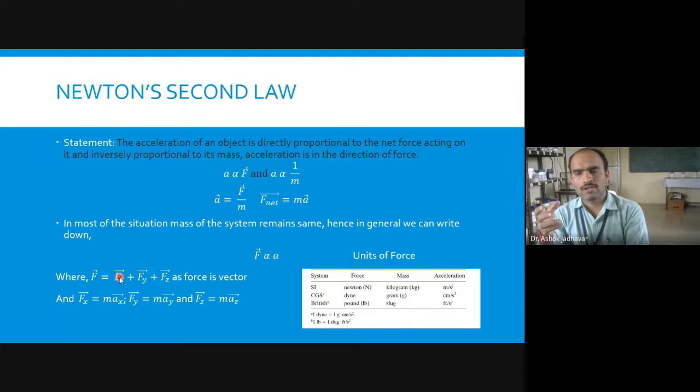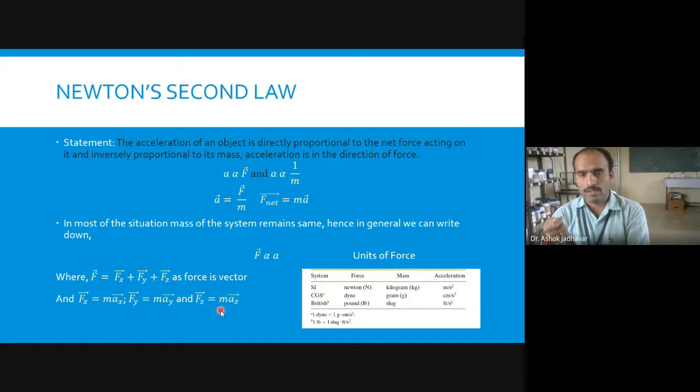Using this relation, I can write Fx = m times ax, the acceleration along the x-axis. So Fx can be written as max, Fy bar as may bar, and Fz bar as maz bar. Here ax, ay and az are also components of acceleration.